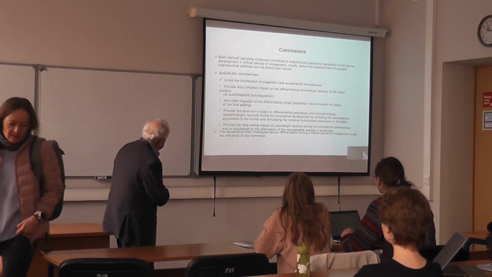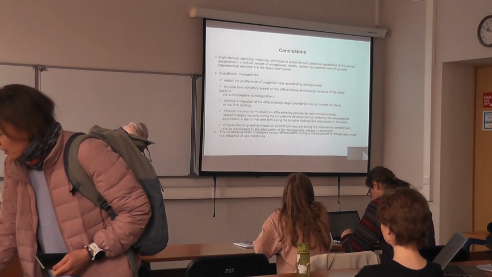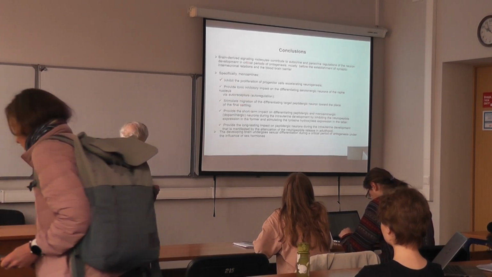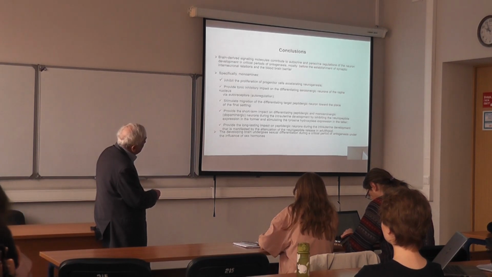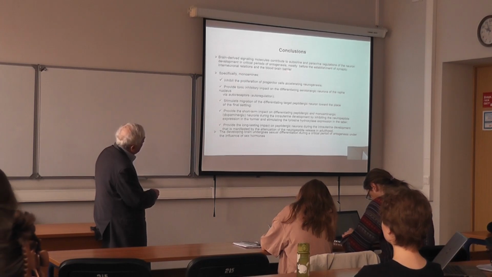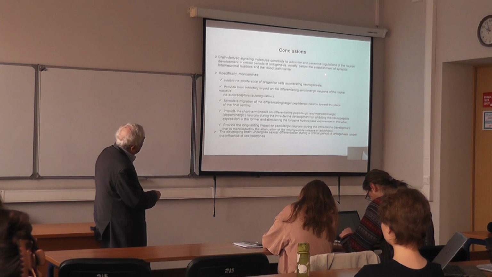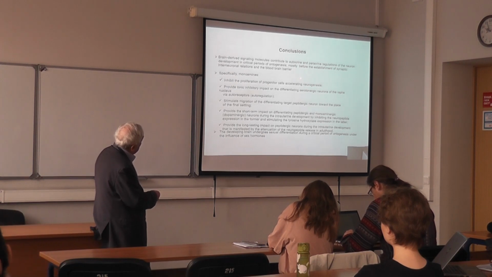Now let's come to the general conclusion for the development of the brain and the molecules and of the neurons. Brain-derived signal molecules contribute to multiple and parallel modulation of neuron development in the critical period of genesis, mostly before the establishment of synaptic interneural relations and the blood-brain barrier. Specifically, monoamines inhibit the proliferation of progenitor cells, accelerating neurogenesis.